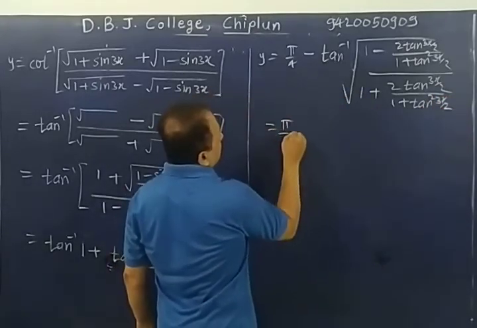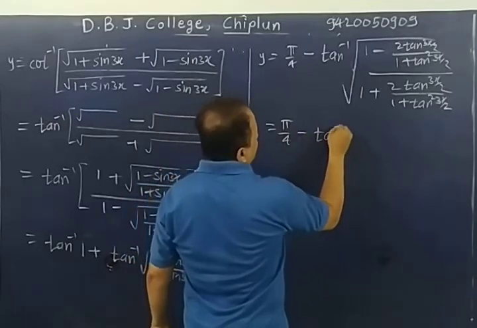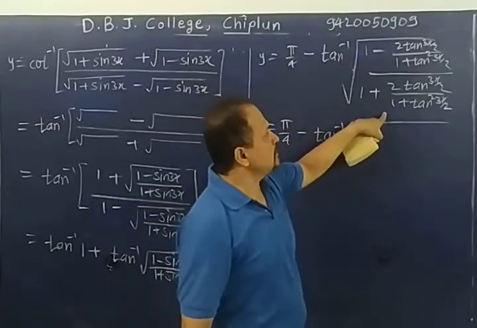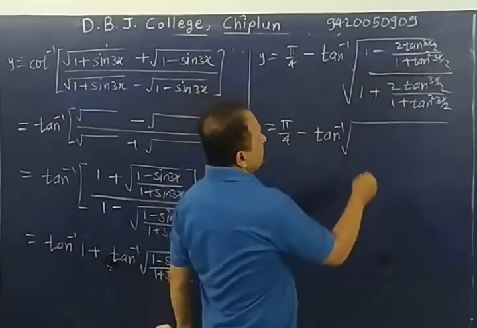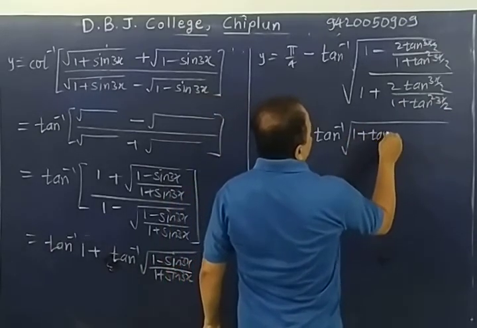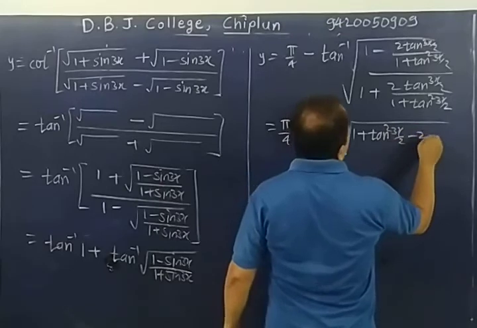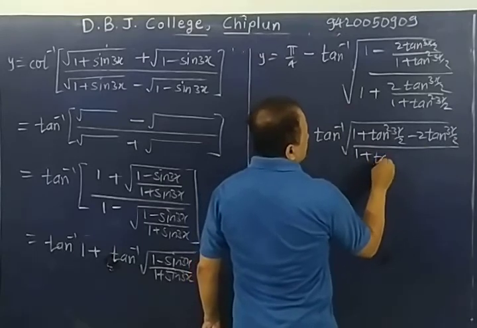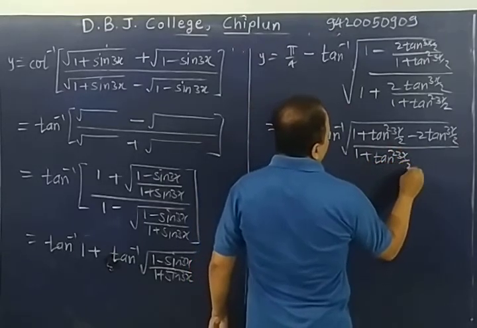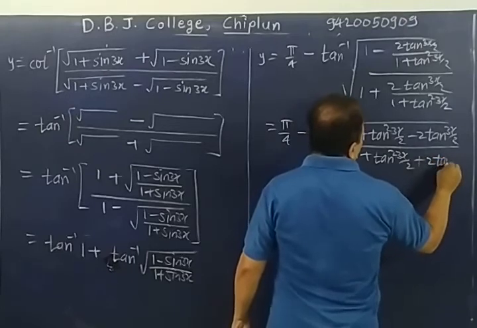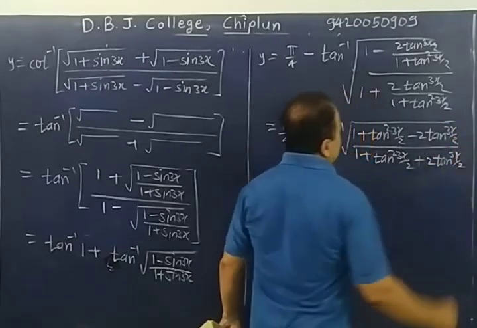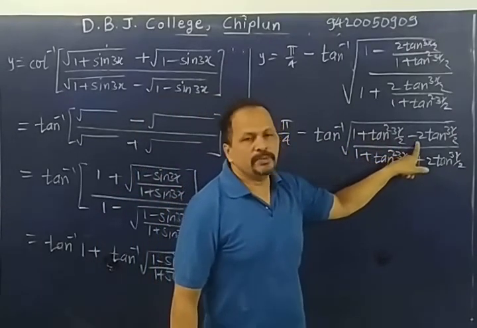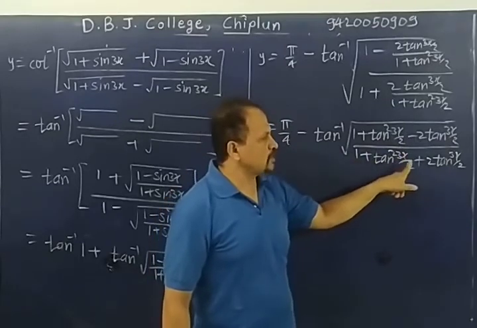Equal to pi by 4 minus tan inverse square root of, multiply numerator and denominator both by 1 plus tan square 3x by 2, so 1 plus tan square 3x by 2 minus 2 tan 3x by 2 upon 1 plus tan square 3x by 2 plus 2 tan 3x by 2. Here the numerator is a square plus b square minus 2ab. Denominator is a square plus b square plus 2ab.